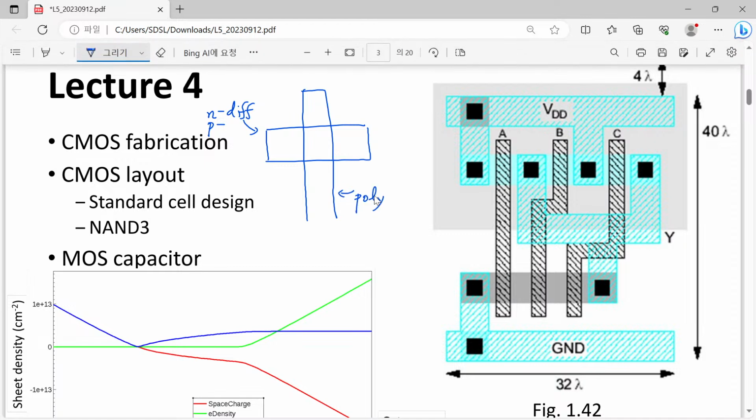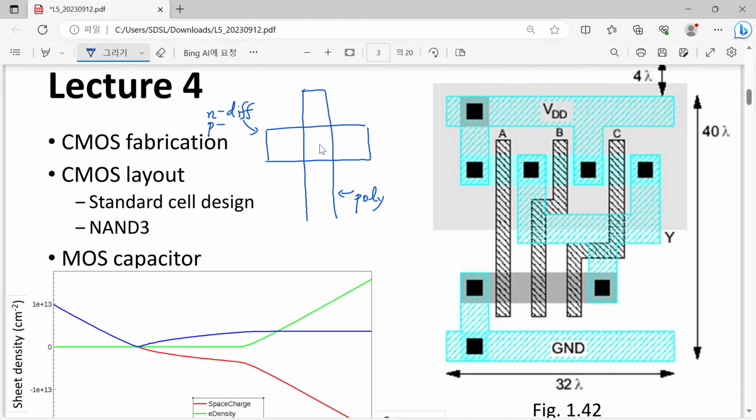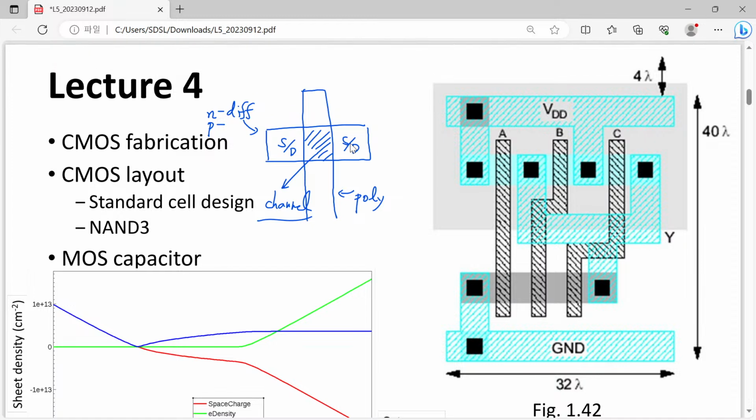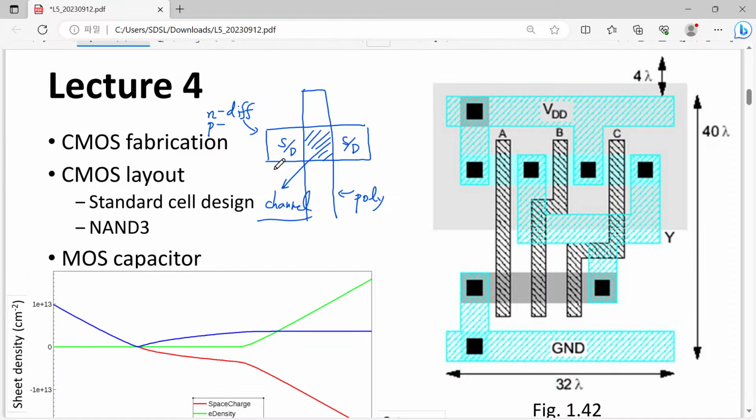Although this is not poly any longer, it is still called poly. The cross section shown here is regarded as the channel of your transistor, and this is either source or drain, and this is also either source or drain. So just having two lines you will have a MOSFET.